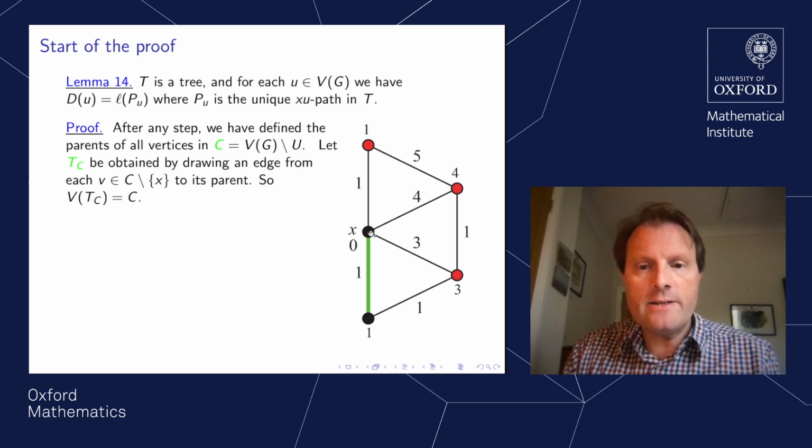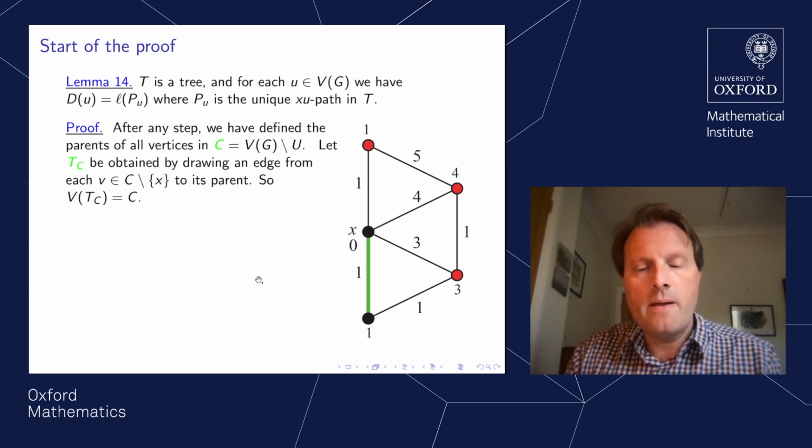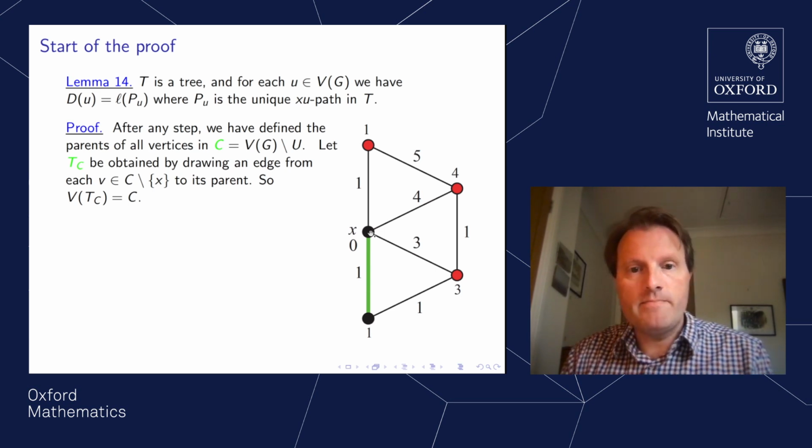We know that it's X. And so we define TC, which is the graph obtained by going through every single vertex in C other than the base vertex and adding in the edge which goes from that vertex to its parent.